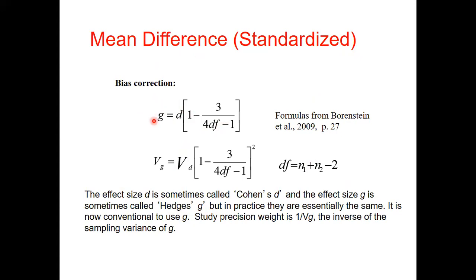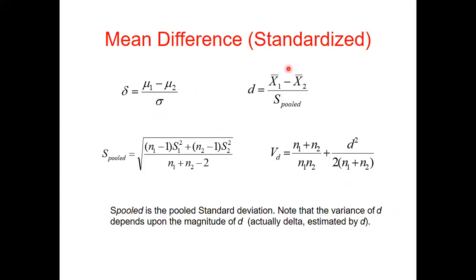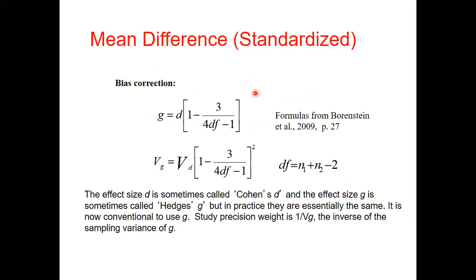Hedges G is a formula that we normally use to correct for biases from the Cohen D. The way you do it, you take Cohen D times 1 minus 3 divided by 4 df minus 1. df is the degree of freedom, which is n1 plus n2 minus 2.